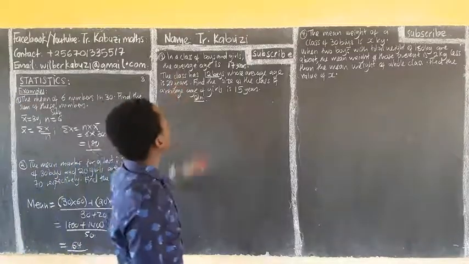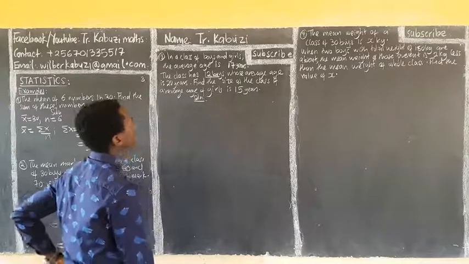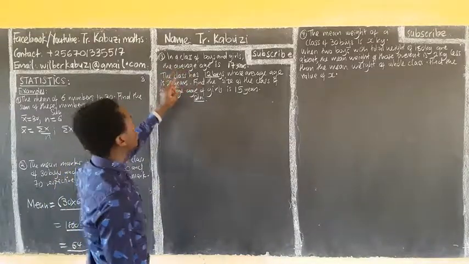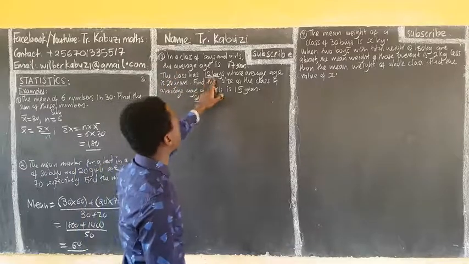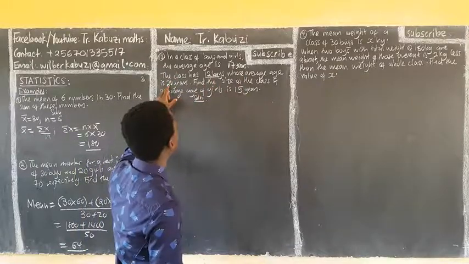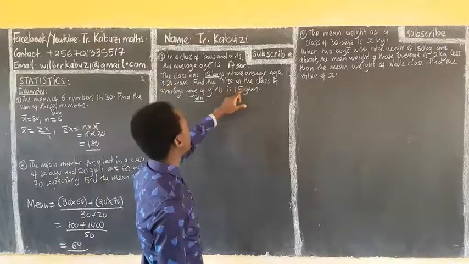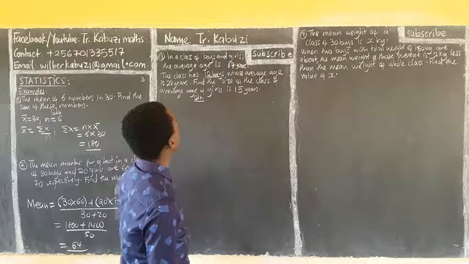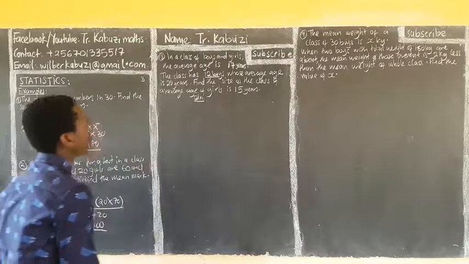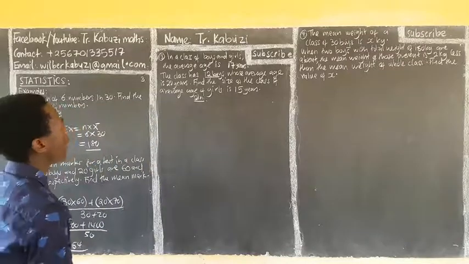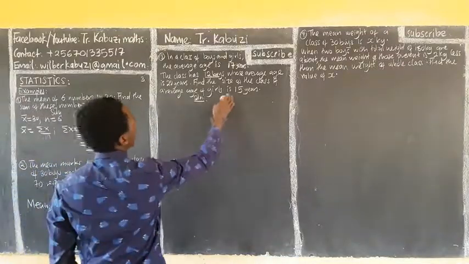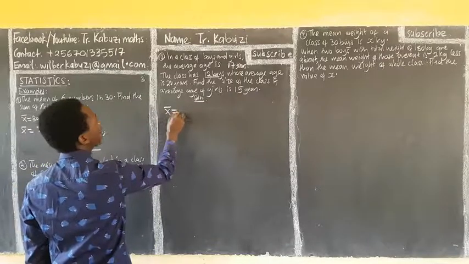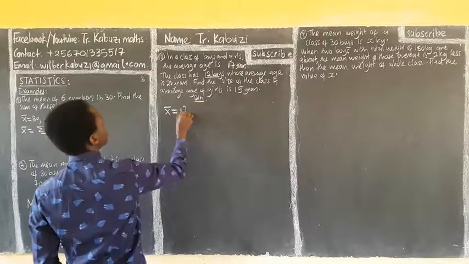Then here, in a class of boys, the average age for the whole class is 17. The class has 12 boys, whose average age is 20. Find the size of the class if the average age of girls is 15. We know that they are giving us the mean of the whole class, which is 17.